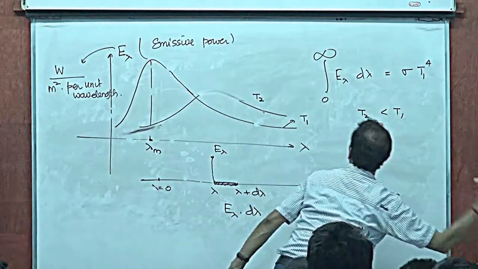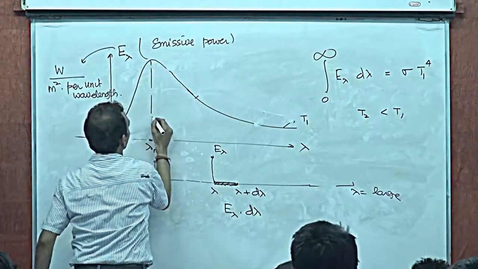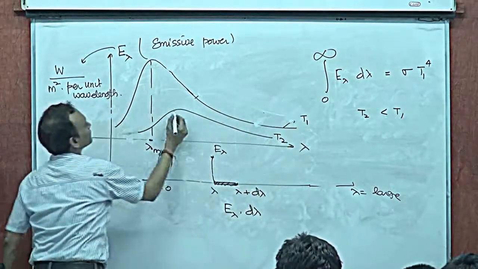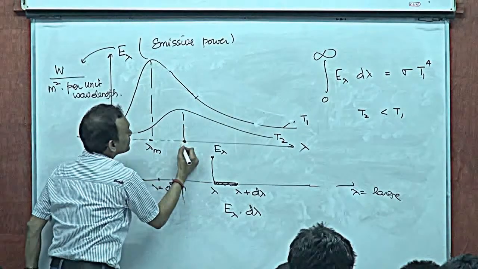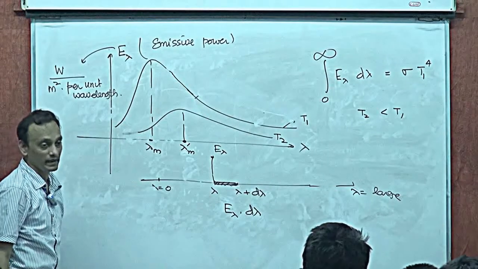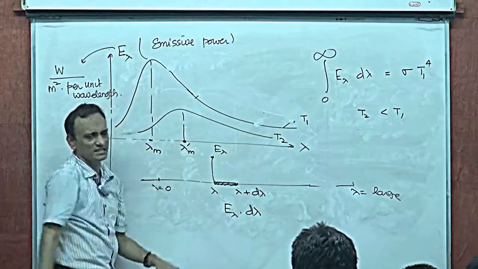In a general sense, this is T2 less than T1, and this peaks at some lambda m prime, whereas the other peaks at lambda m.